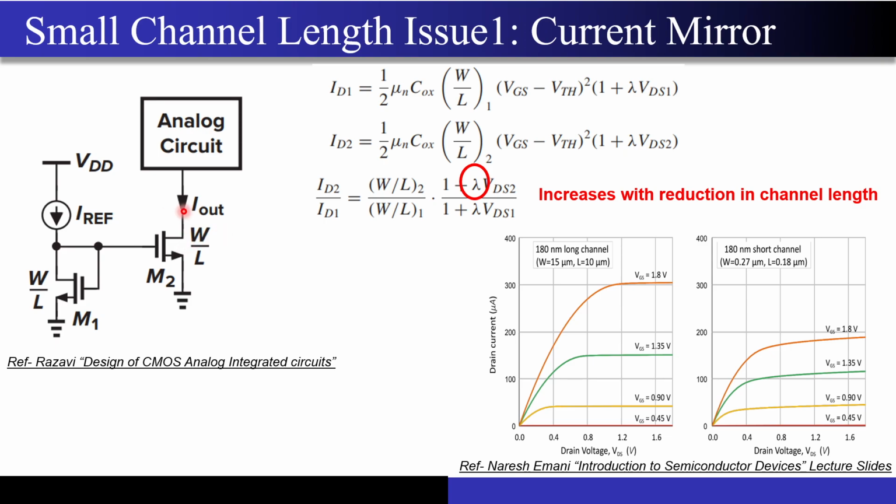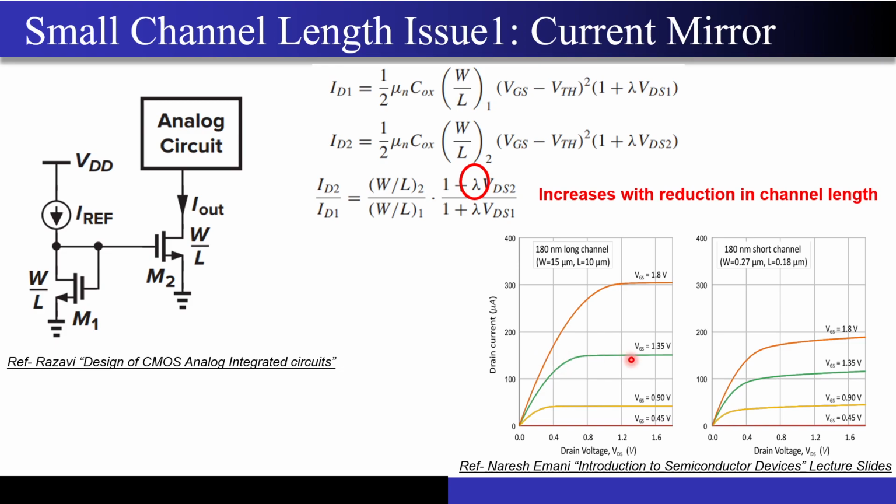Now the ideal current source is one whose output impedance is infinity. That means the voltage between the drain and the source node of this MOSFET should not have any effect on the current flowing there. This is what is represented over here. After the MOSFET has reached saturation, if I change the VDS from 1.2 to 1.6, you are not able to observe sufficient change in the current.